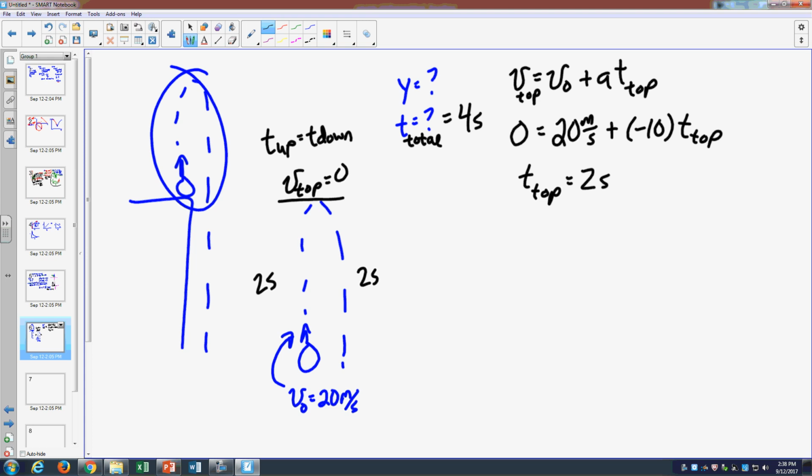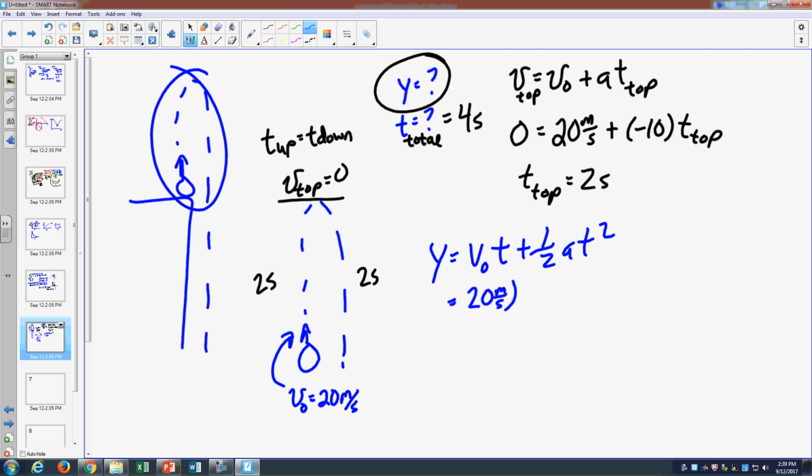That's one possible problem. The other possible problem is I could ask you what is y, and y then is v naught t plus 1/2 at squared. Here you need to be careful because we have 2 times floating around. Make sure you use the right time. So that's going to be 20 meters per second times what time, 2 or 4?